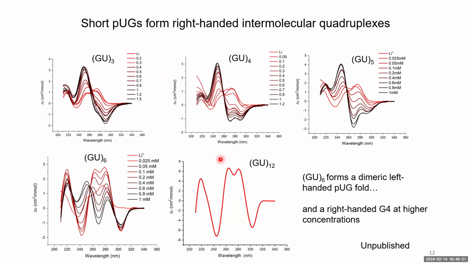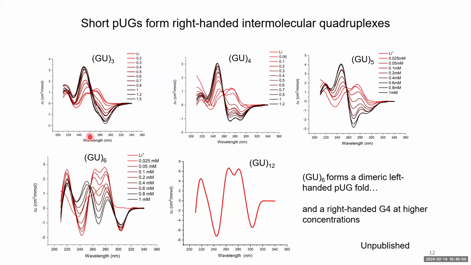What's particularly interesting about these structures is that if you look at the original CD signal for the PUG4, you'll see a negative 240 and positive 260 and 280 peaks, which are exactly inverted in this GU3 structure, where you see a positive peak at around 240, 250, and then negative 270 to 290 peaks. This inversion of the CD structure suggested to us that this might be an opposite-handed structure.